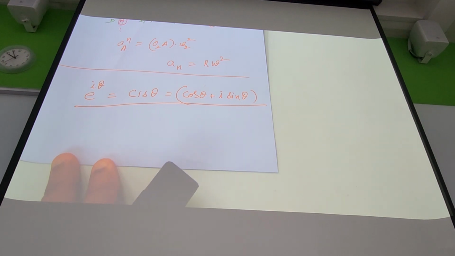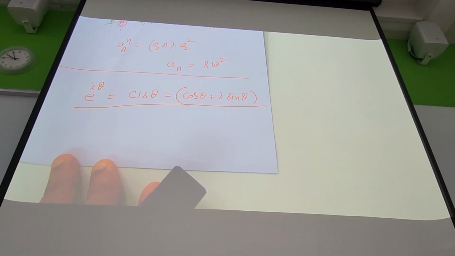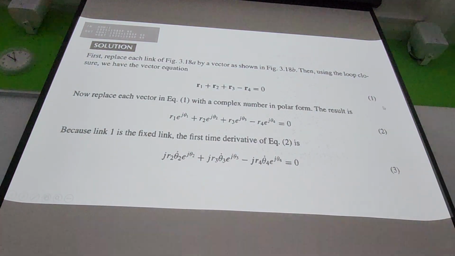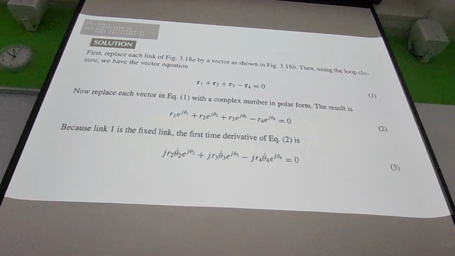So a vector can be represented using this complex notation. So basically you are dividing the vector into its x component and y component. Okay, so we write now the same vector equation by the complex notation. You can write like this.